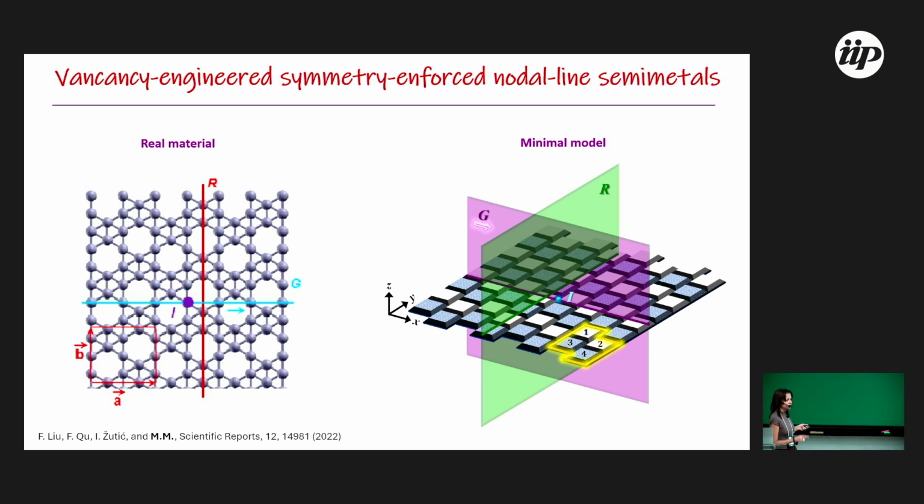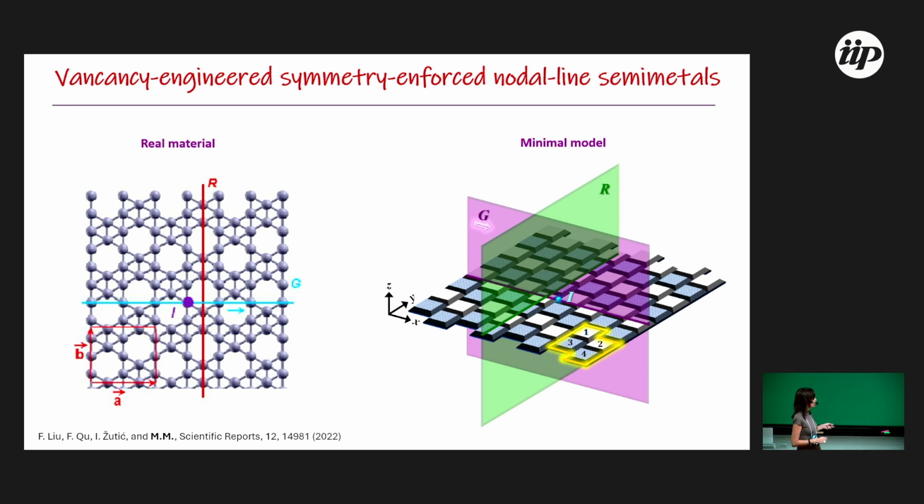So let me show you how this works analytically with a very simple-minded model that I used to model this real structure. So let's say we get this borophene with vacancies which are distributed in this way.